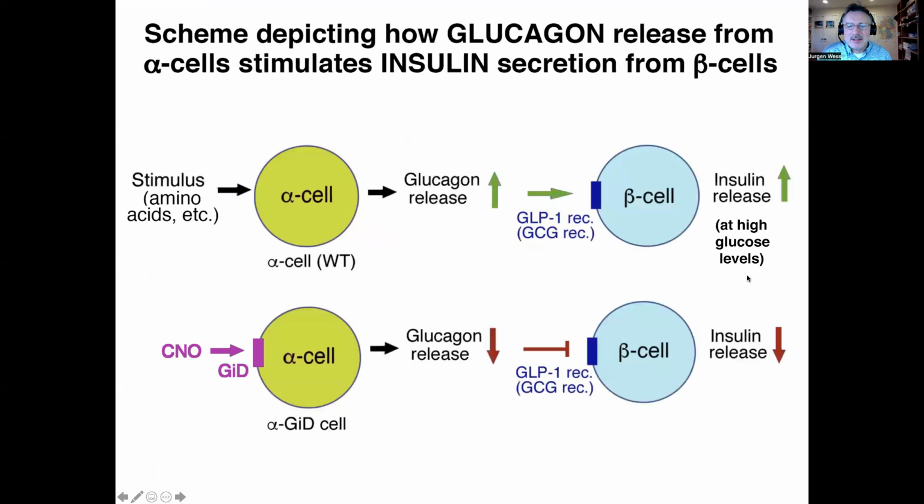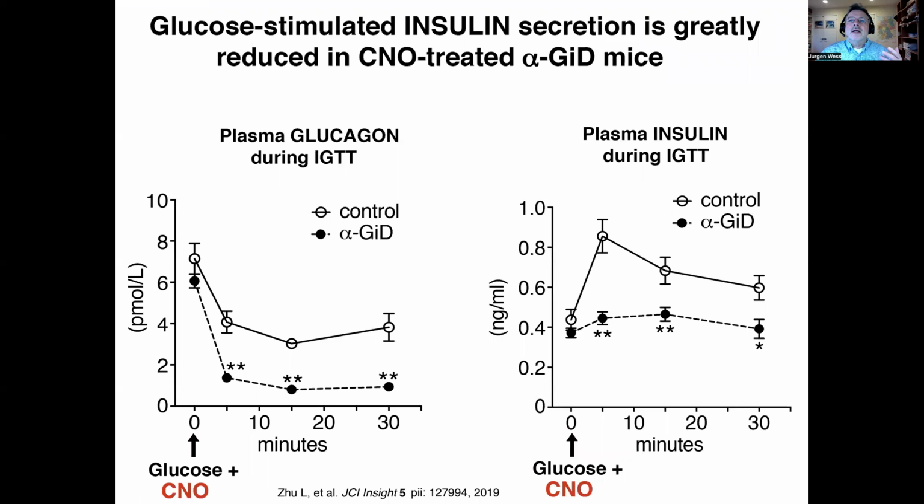These data suggest that release of glucagon from pancreatic islets is able to promote glucose-stimulated insulin release effectively.